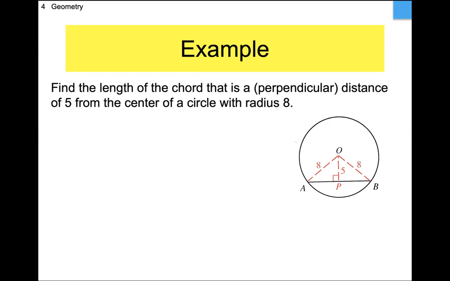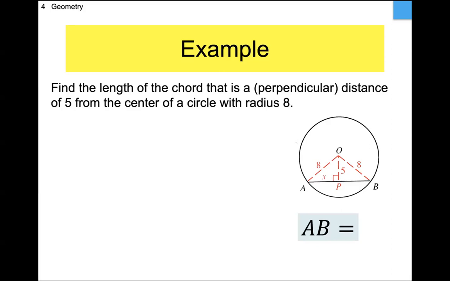I'm going to go for pieces. So I'm going to solve for either AP or BP. Notice it's a right triangle. I have 2 of the sides. Therefore, I can use the Pythagorean theorem to find that third side. So I'm going to find the distance of AP. AB would be equal to 2 APs, right? I just need one of them and multiply it by 2.